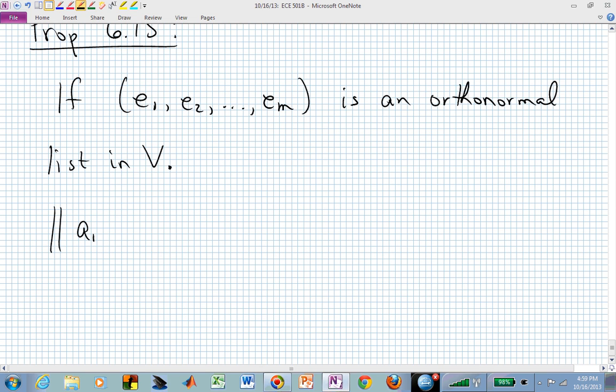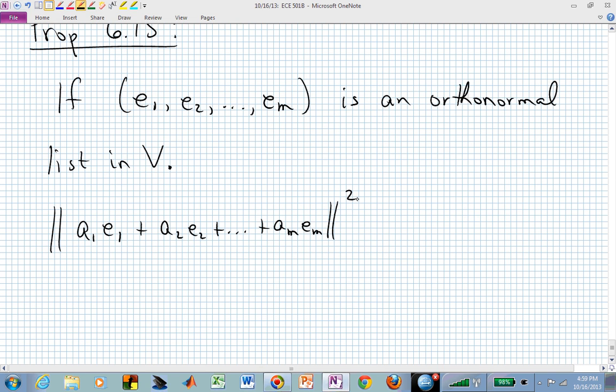Take a scalar multiple of E1, add that to a scalar multiple of E sub 2, all the way up to some scalar multiple of E sub m. That now forms a new vector, a linear combination of these m vectors. Here the E's are vectors. These aren't coordinates. So each E is a vector.